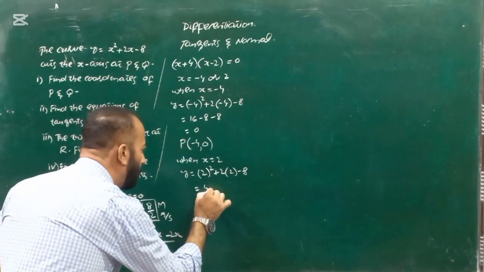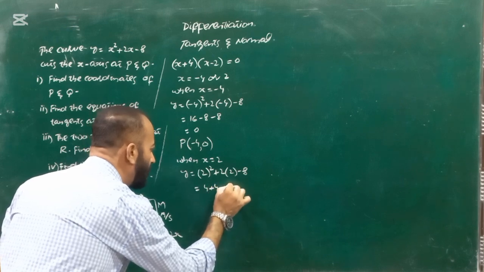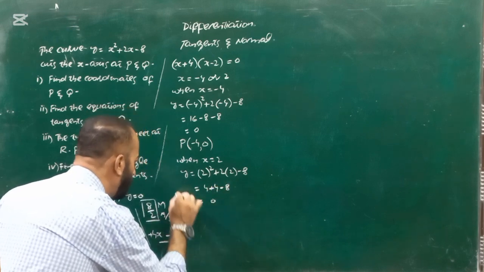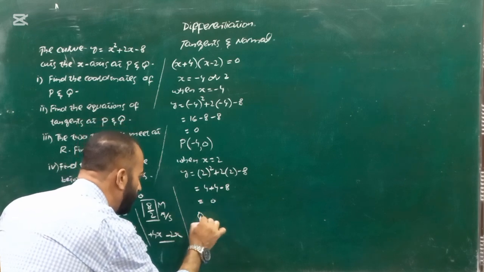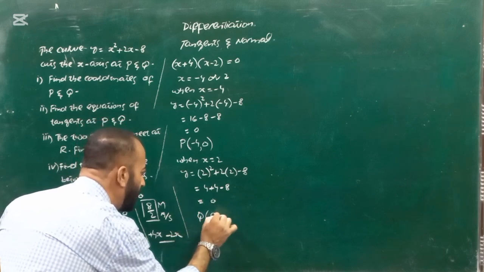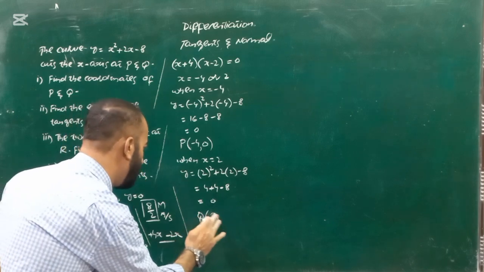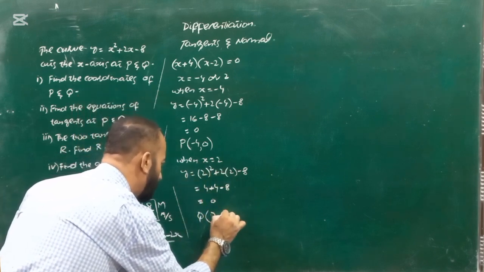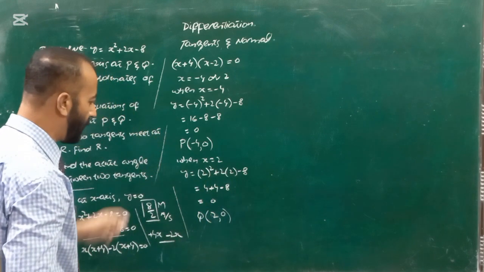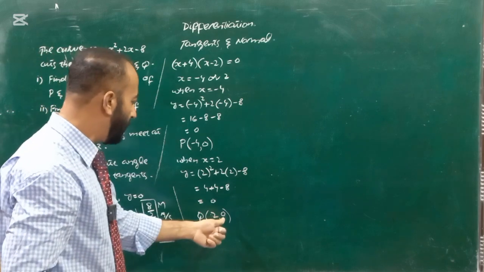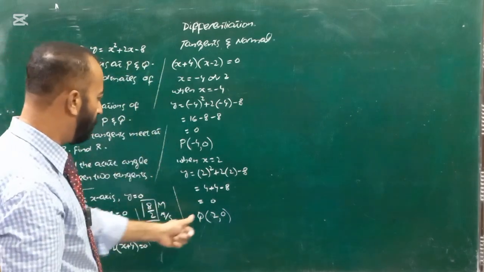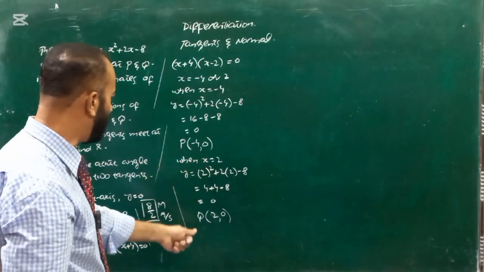So it will become 4 plus 4 minus 8. This is also 0. So the other point, that is Q, sorry, the x coordinate is 2, and y is 0. So this is the point. Okay, the reason for 0 is this: because the curve is cutting the x-axis, y will be 0. So these are the P and Q points.